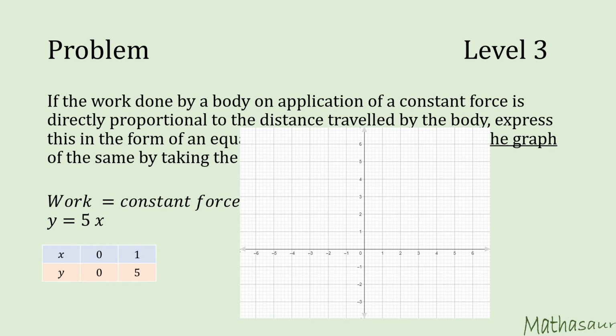Now let us plot these 2 points 0, 0 and 1, 5 on the xy plane. So 0, 0 is the origin itself and 1, 5 lies somewhere in the first quadrant. Let us join these 2 points and label the line as y equals 5x.